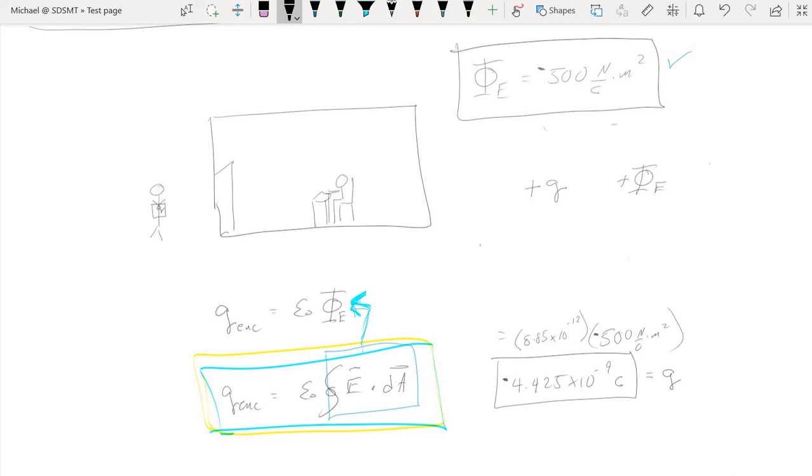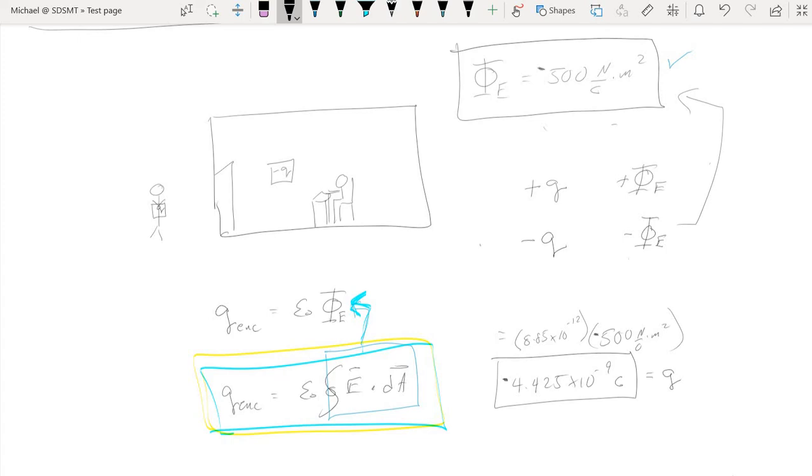But now your professor has gone back, emptied the box, and filled that box with a negative amount of charge, which was the reason why we now see a net negative flux associated with the room. So that charge value now has to be negative.